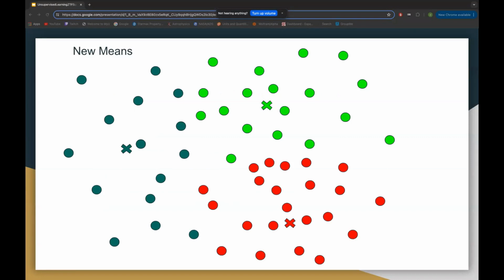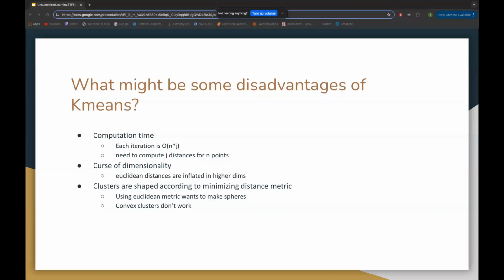So any data or cluster that isn't a sphere is not going to be captured by this kind of method. A crescent-shaped cluster isn't going to work here, because k-means with this Euclidean metric is only going to give you vaguely spherical clusters. That's a big disadvantage.